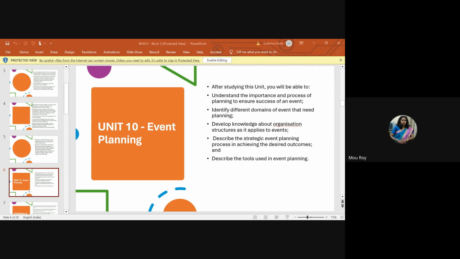Now, as we have studied about SWOT, strengths, weaknesses, opportunities and threats, you have to also anticipate the threats and opportunities. Because if you are spending so much, whether it's a wedding or any event, like launching a product, will it be feasible, will it be beneficial to the company, will you be able to reach?